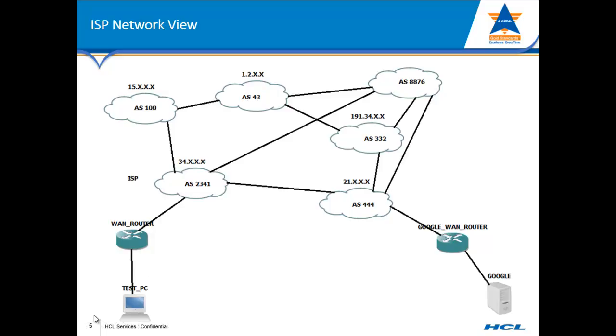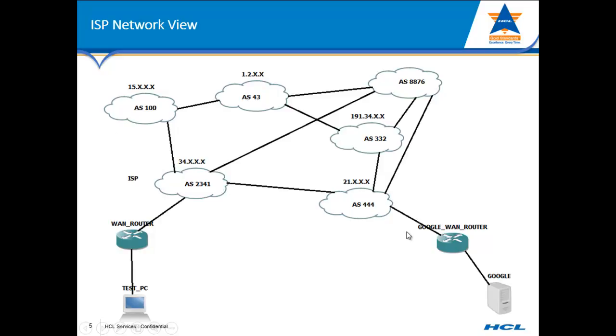The packet will travel from this test PC to the WAN router, and from the WAN router to the ISP. The ISP has a public IP address series, say the 34 series, and that series is mapped to a unique autonomous system number, and it is similar for all the ISPs.